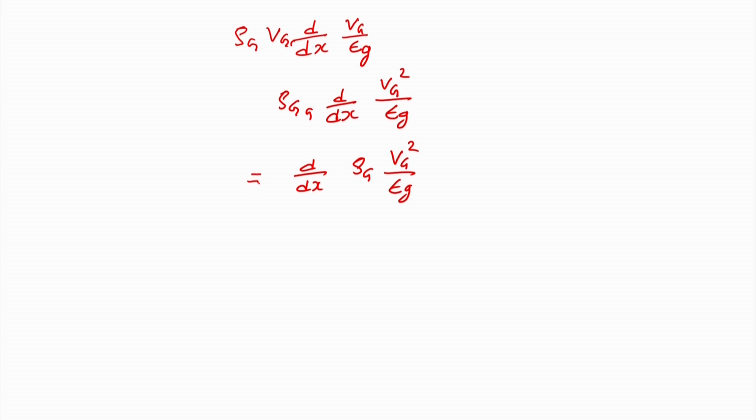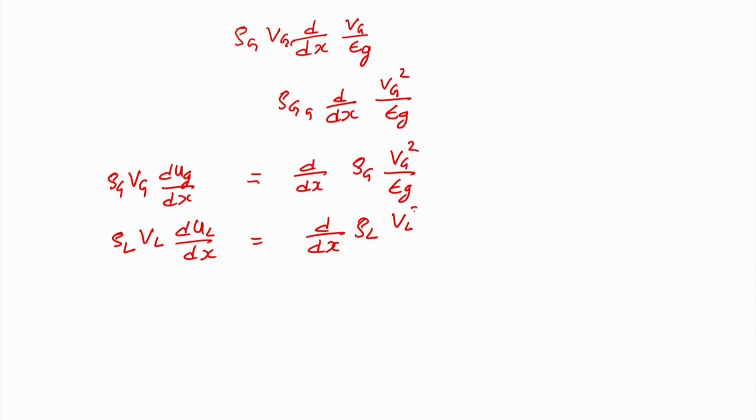This term was equal to rho g into Vg into dUg upon dx, which I can write in this form. Similarly, rho L into VL dUL upon dx can be written as d by dx of rho L into VL square upon epsilon L.